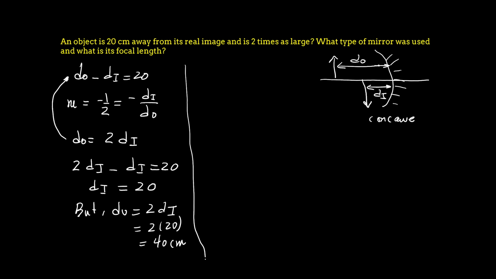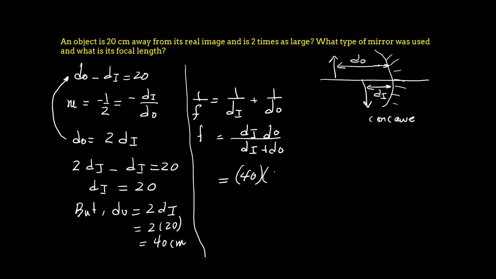And now this will allow us to compute F, because again, we start with the lens equation. And then, again, look at the previous videos. We can rearrange, get a common denominator, rearrange, and we get this for F. So it's DI times DO over DI plus DO, which is 40 times 20 over 40 plus 20.